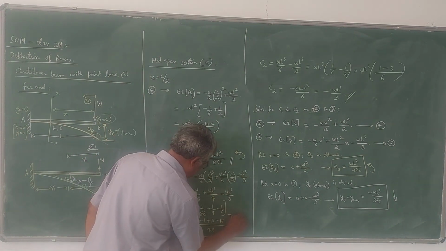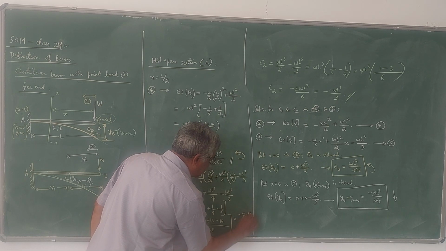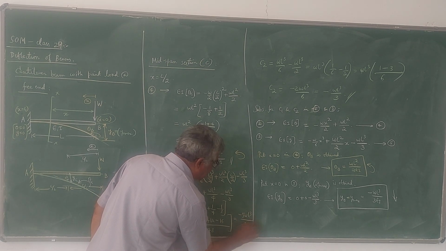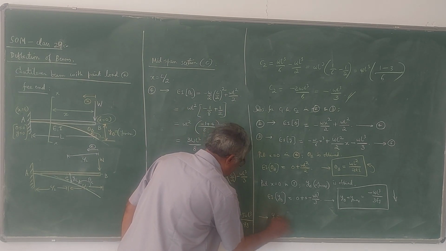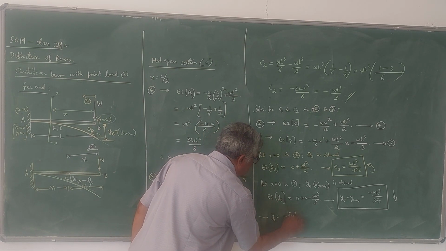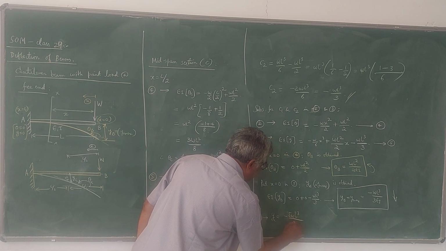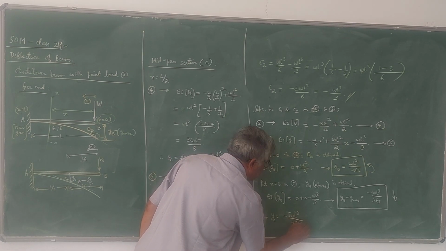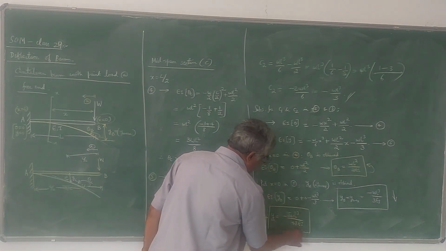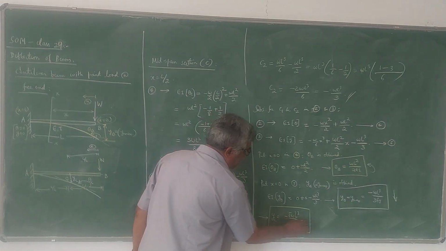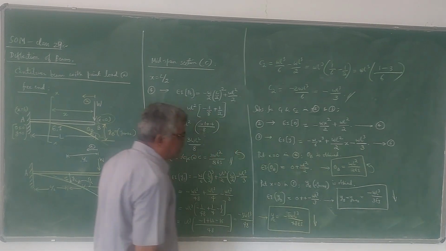So minus 5W L cube by 48. In other words, YC is minus 5W L cube by 48 EI. The EI comes to the denominator. This is the deflection at C. The negative sign indicates downward deflection.